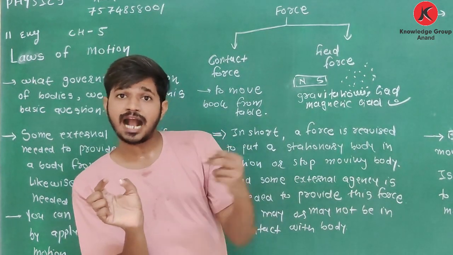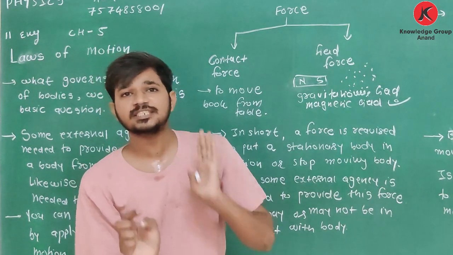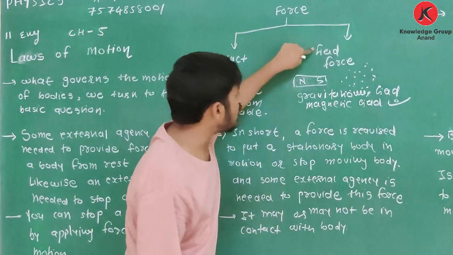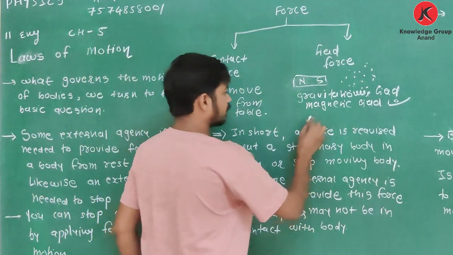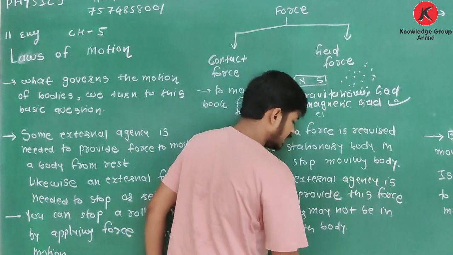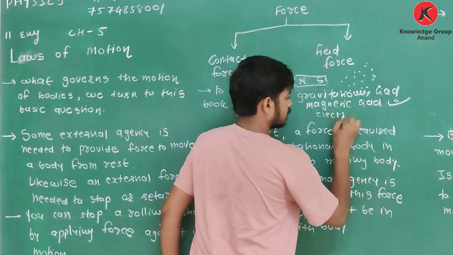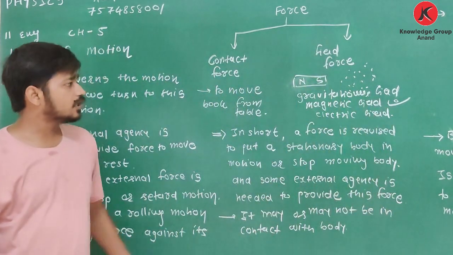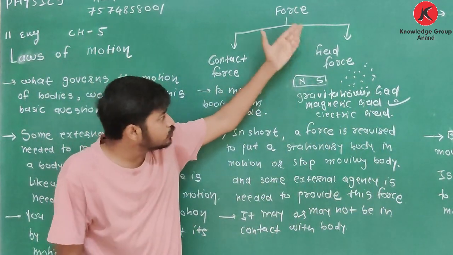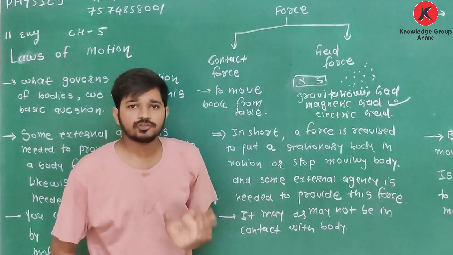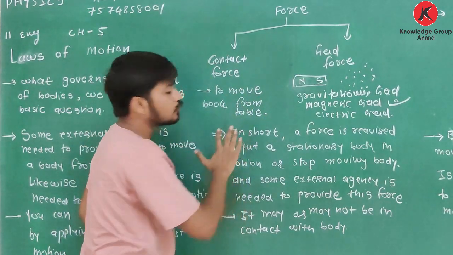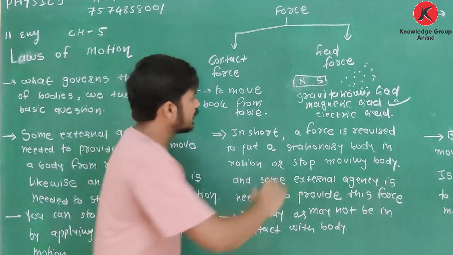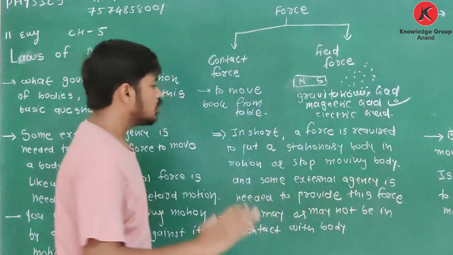Without any contact, iron filings are moving towards the magnet. Clear? So it is about field forces. Yes, electric field. So the forces acting due to such fields are called field forces. In such forces, there is no contact.